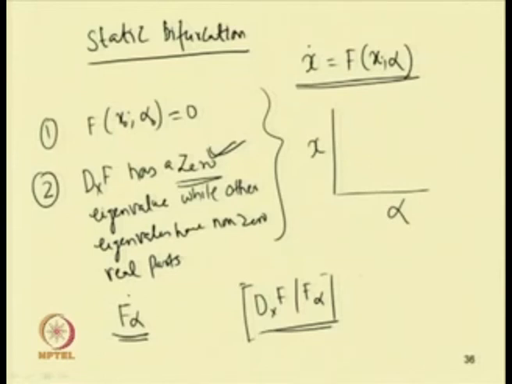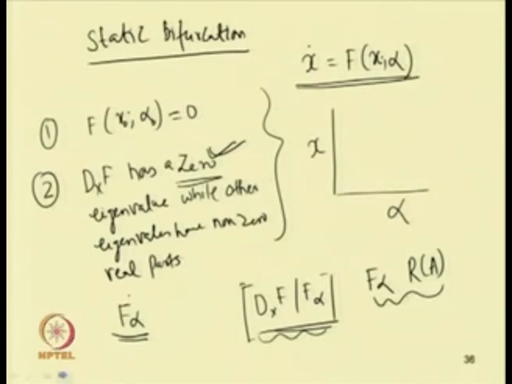If this f alpha belongs to the range of matrix A, then we can tell that this is another type of bifurcation. If f alpha does not belong to R A, then it will be a saddle node bifurcation point.